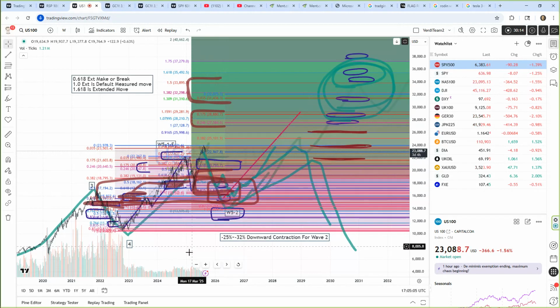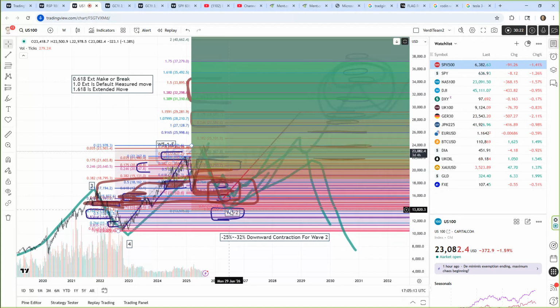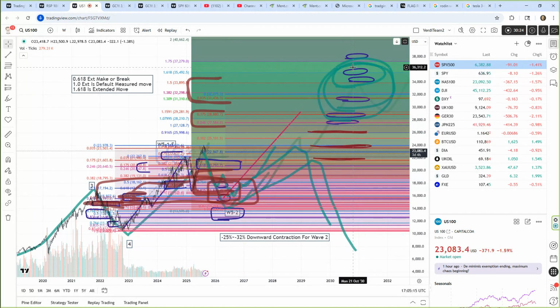Fibonacci extensions, again, remember, if this is wave one, and this turns into a pullback wave two, wave three must be bigger than wave one. That's why I measured wave one. I don't care about any of these other sections. Wave three must be bigger than wave one.